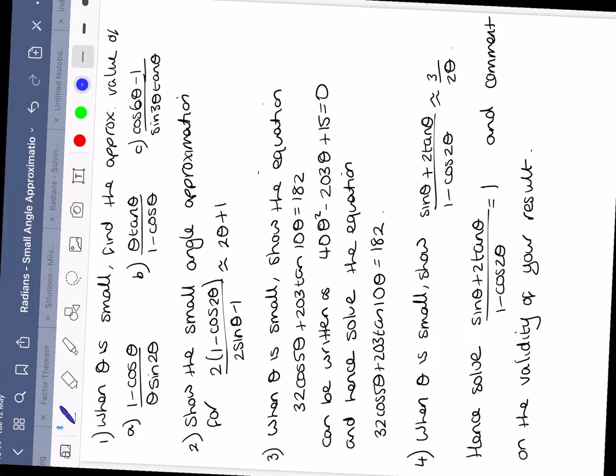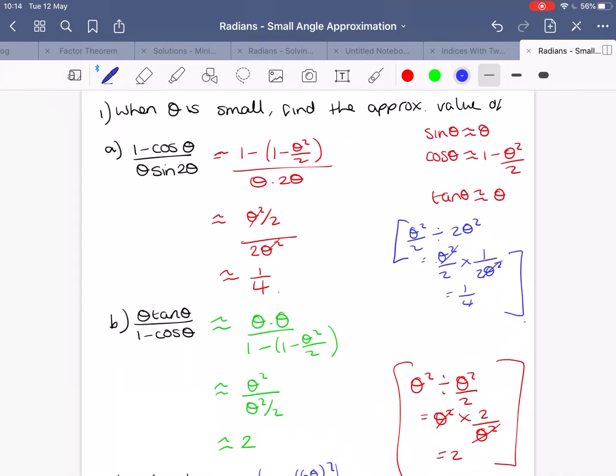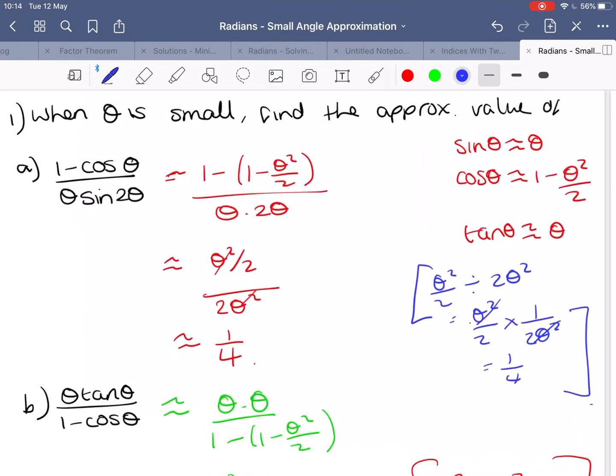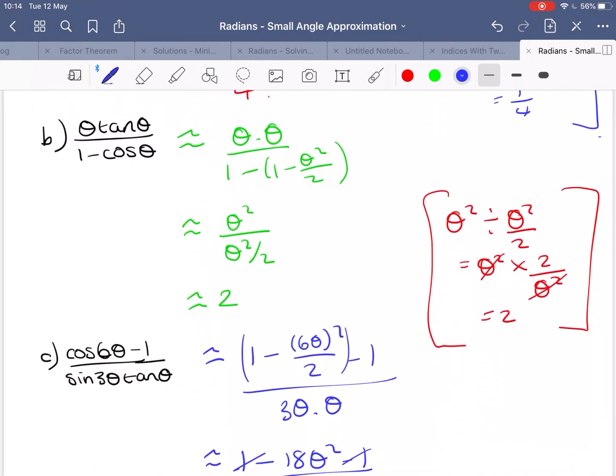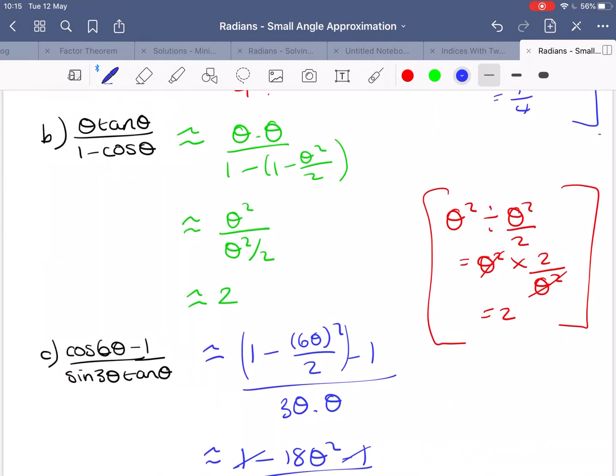Okay, so here we go for the solutions. So for the first one, you should have ended up with 1 minus cos theta all over theta sine 2 theta is approximately equal to 1/4. The next one, theta tan theta over 1 minus cos theta should approximately be equal to 2.